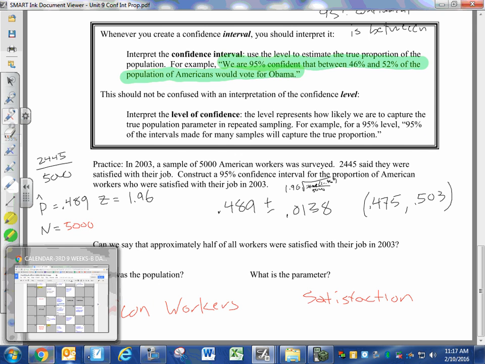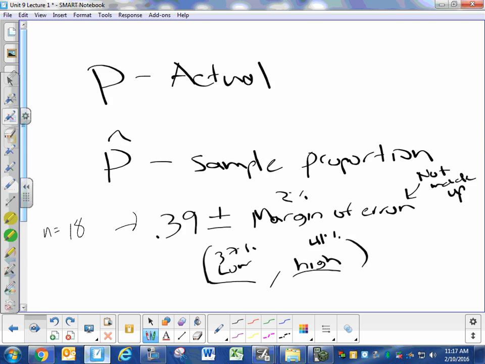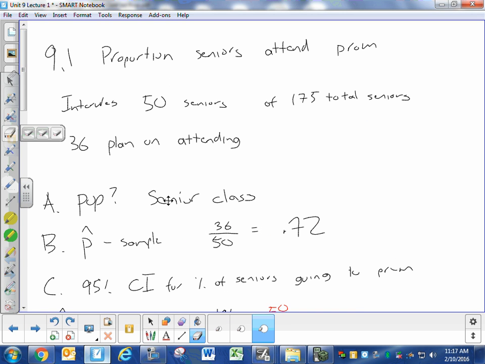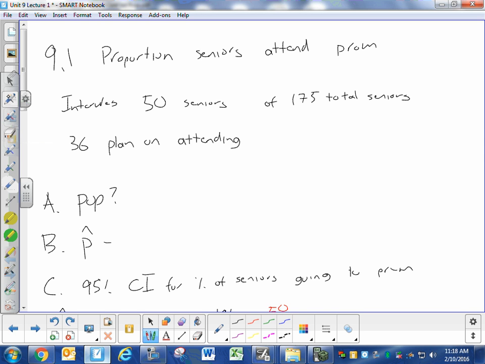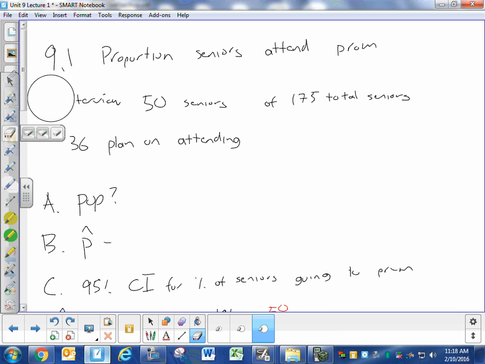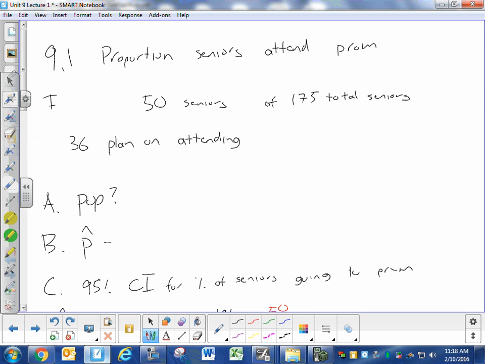Let's do our homework. Get out a sheet of paper. All right, Tanya wants to figure out the proportion of seniors that are going to attend prom.